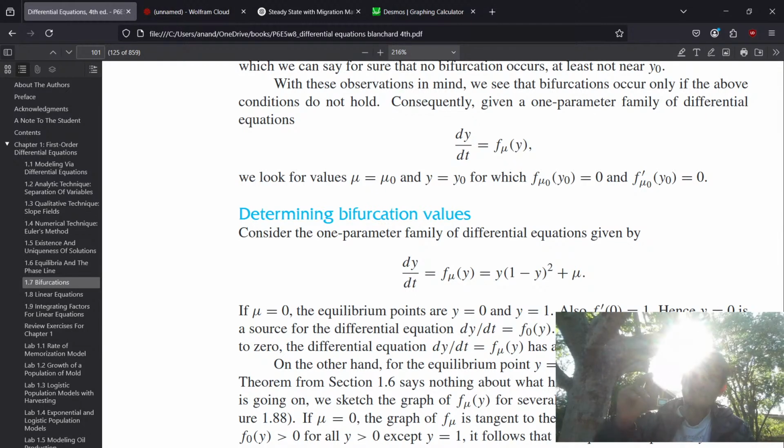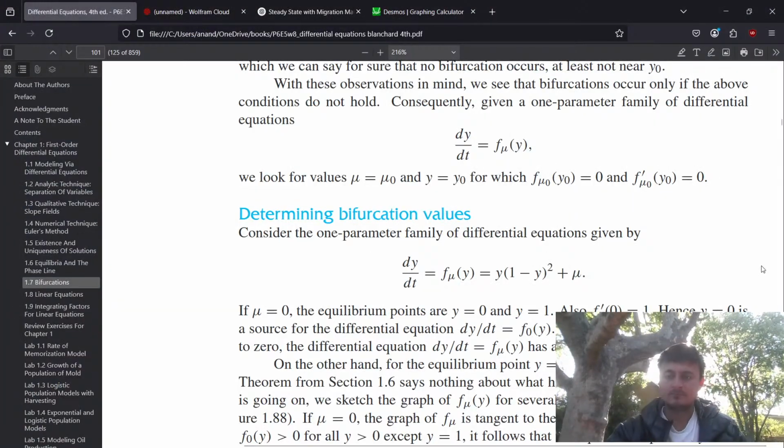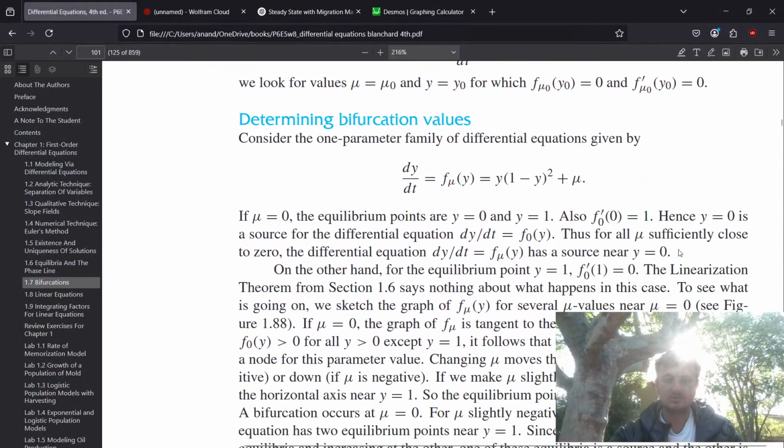So that means that it's a source. Okay, so we have a source.